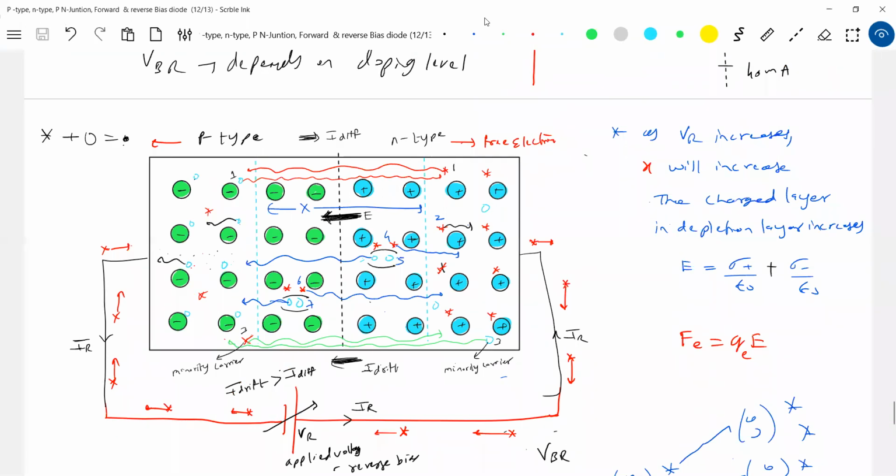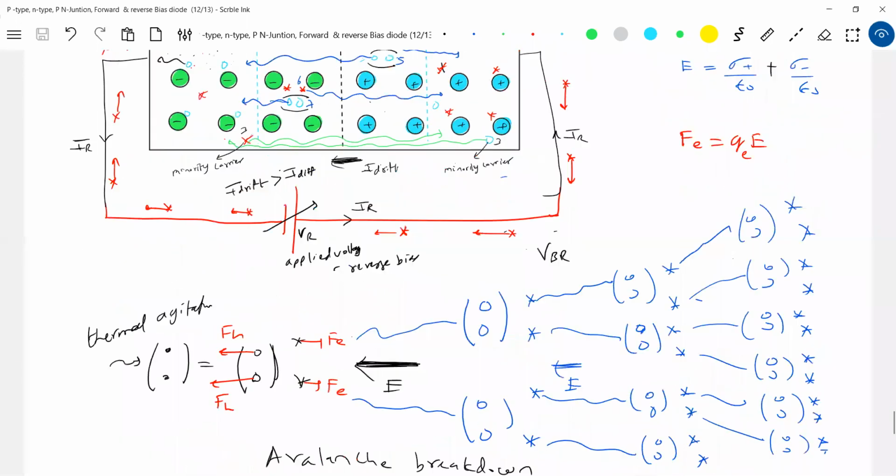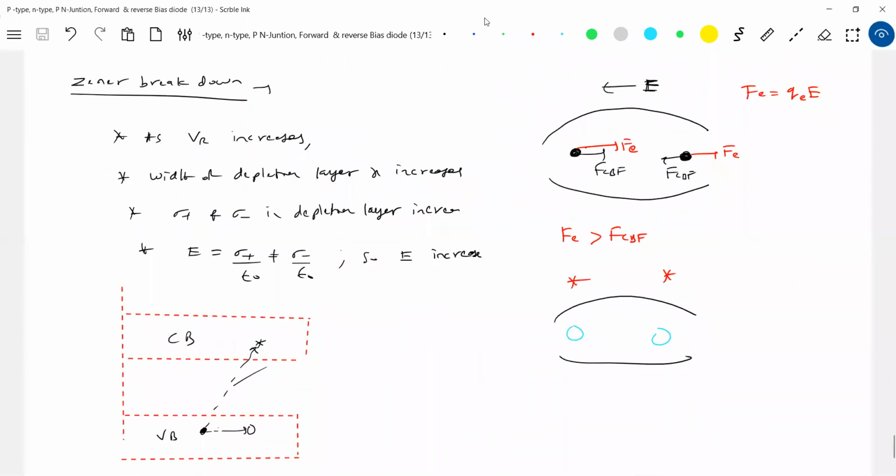For lower voltages, actually, if you take the reverse bias, so here, let me put it here now. So as E increases, next what will happen?